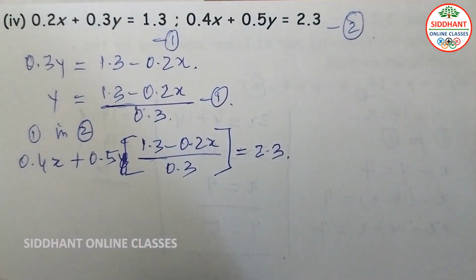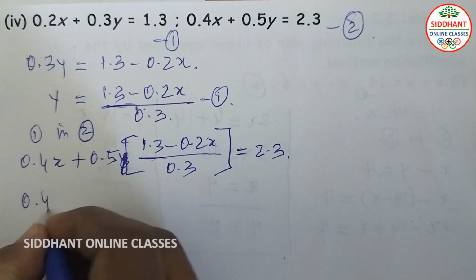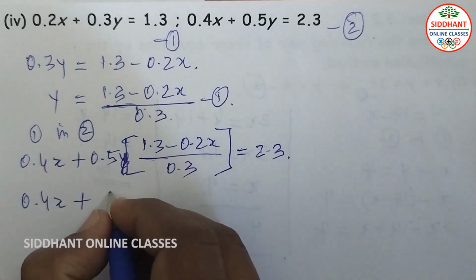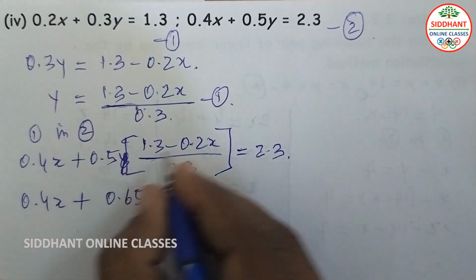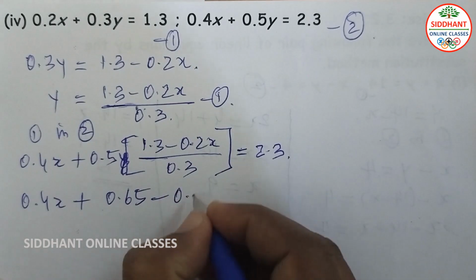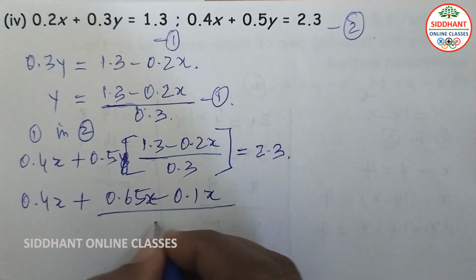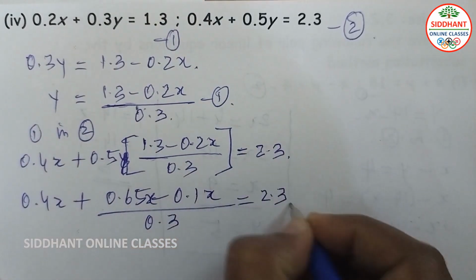So now multiplying, we get 0.4x plus 0.5 into 1.3, which will be 0.65, minus 0.5 into 0.2, 0.1x, by 0.3, that equal to 2.3.